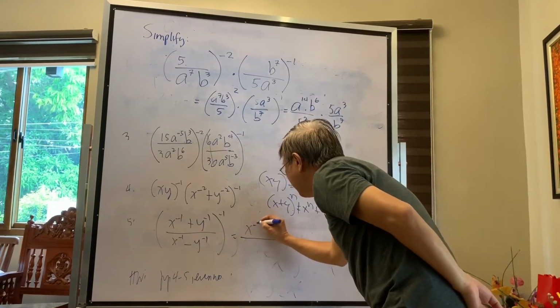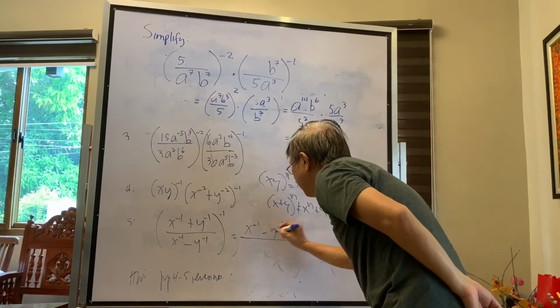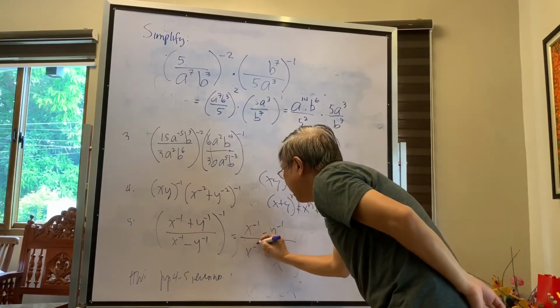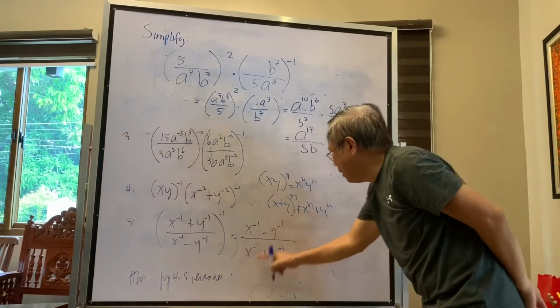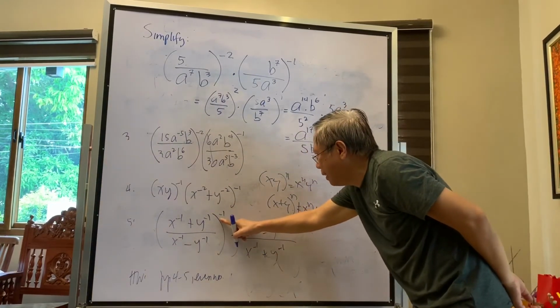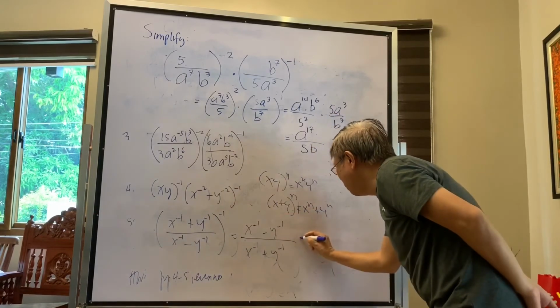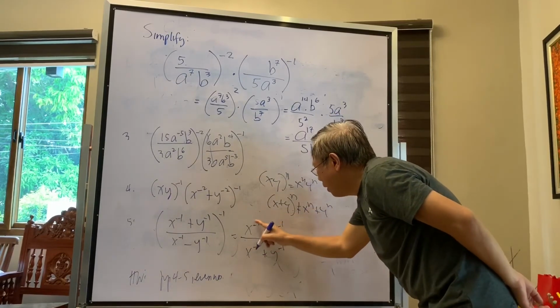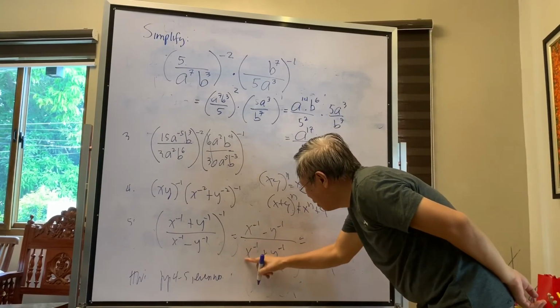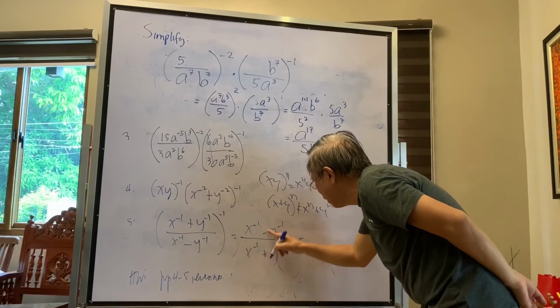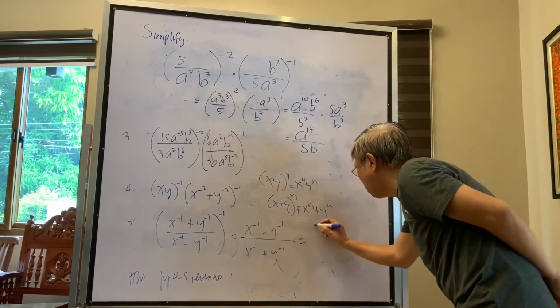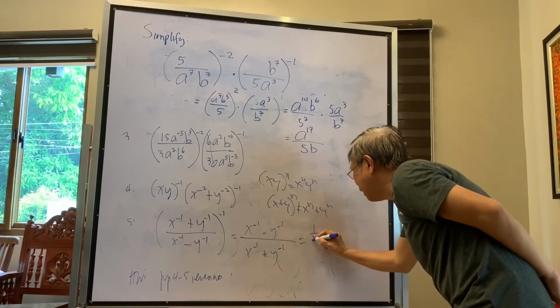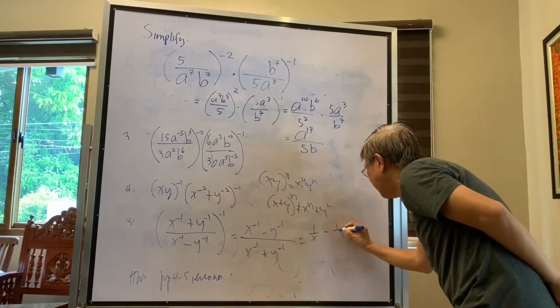So we get x to the negative 1 times y to the negative 1, and the denominator is x to the negative 1 plus y to the negative 1. And this one is raised to the positive exponent already. Okay? Now, you can simplify here. Again, I said you cannot bring this down and make it positive because of this sum and difference here. So we have to apply the negative exponent definition individually.